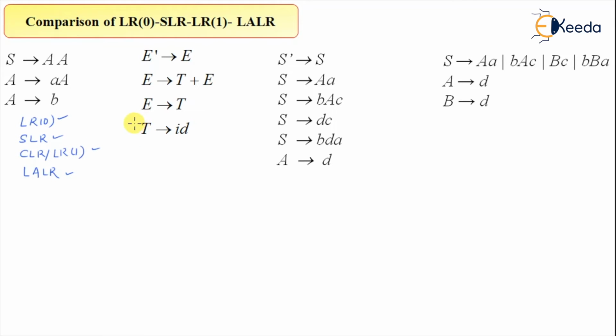Then here we have only done two problems for this, and that was LR0, and we find this problem has a shift reduce conflict in LR0. But the moment we move from LR0 to SLR, this grammar was not LR0, but this grammar was in SLR.